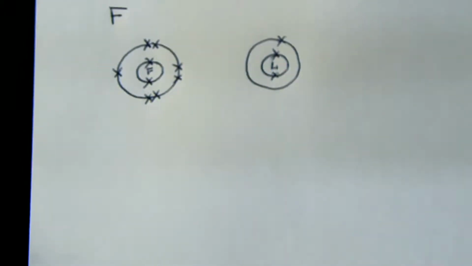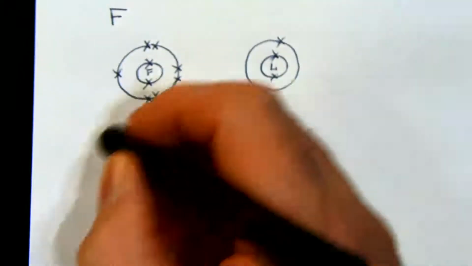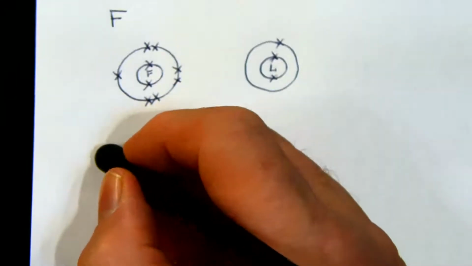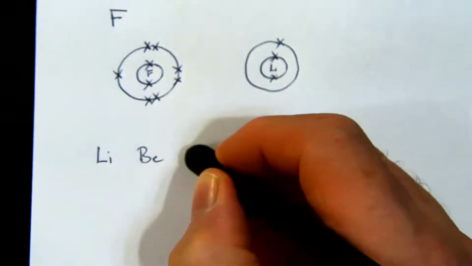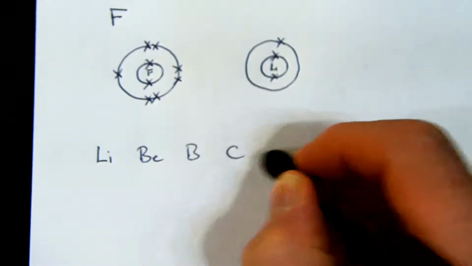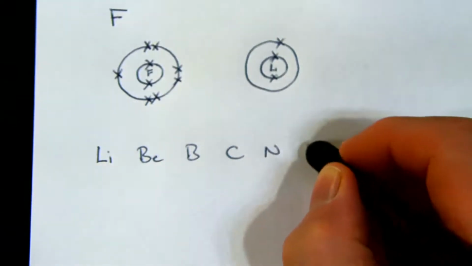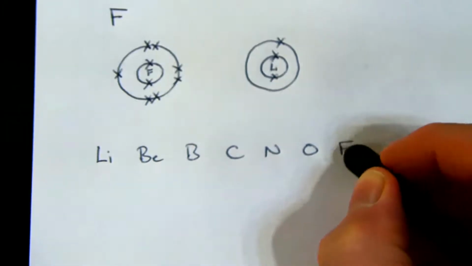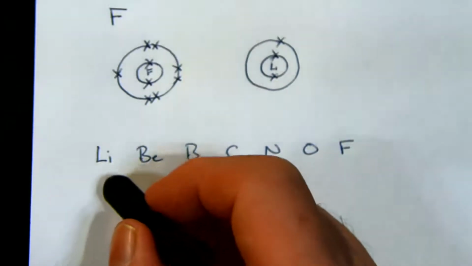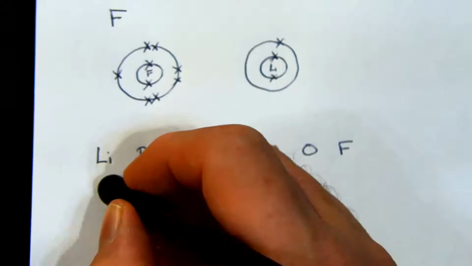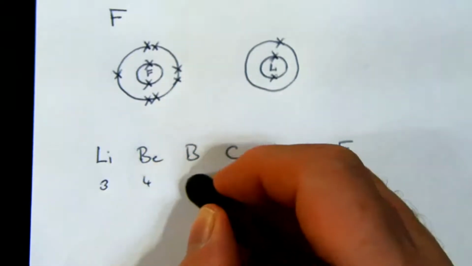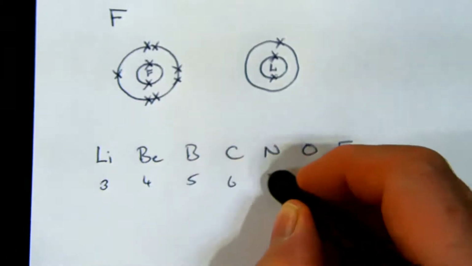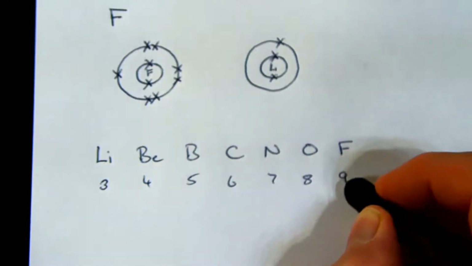Now, if we go across the periodic table, and I start with lithium, and then beryllium, boron, carbon, nitrogen, oxygen, and fluorine, we've got here 3 protons, 4, 5, 6, 7, 8, 9.